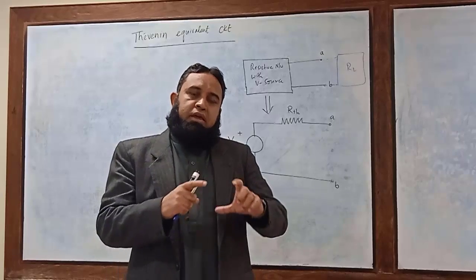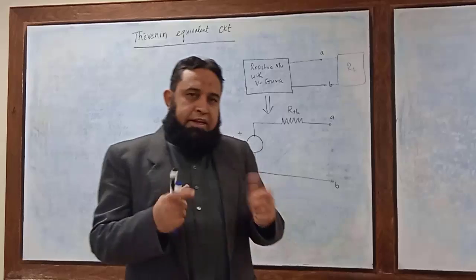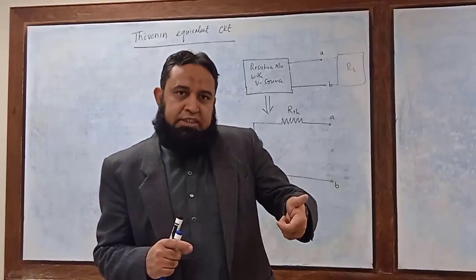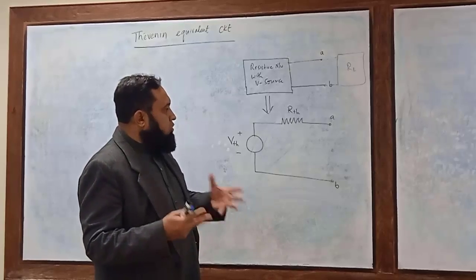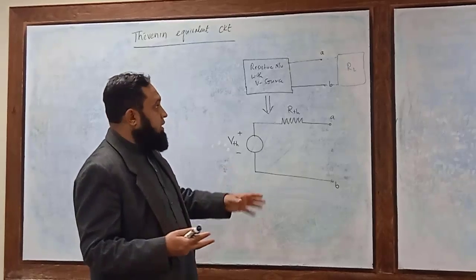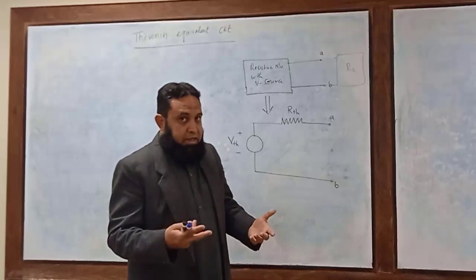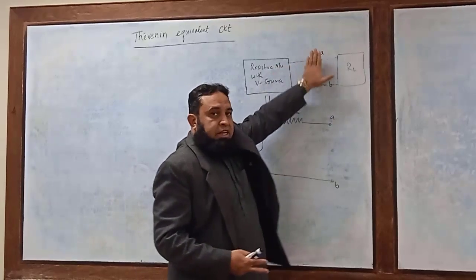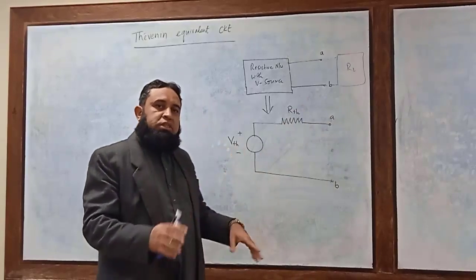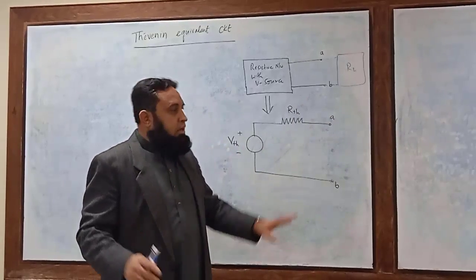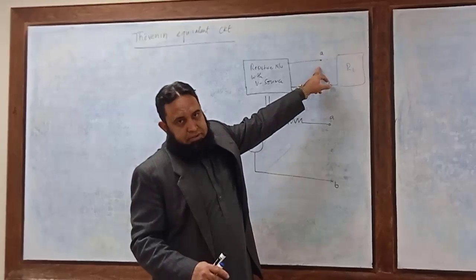This step can alternatively be divided into 2 further steps if you want to use some alternative technique. In that alternative technique, make the terminal AB short circuit, leave the current sources and voltage sources as they are, and find the short circuit current.